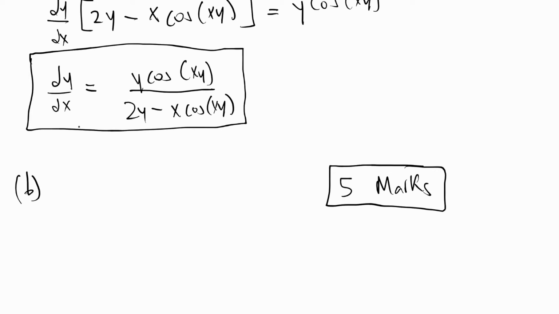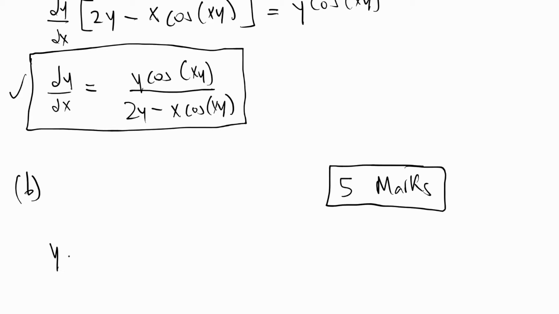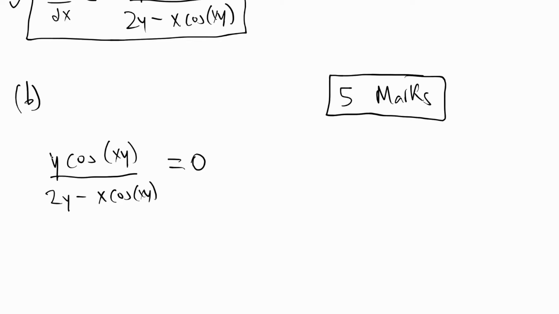So y cos(xy) over 2y minus x cos(xy) is equal to 0. Let's bring the denominator to the other side by multiplying both sides. So we get that y cos(xy) is equal to 0. It simply cancels out the denominator because you're bringing it to the other side.